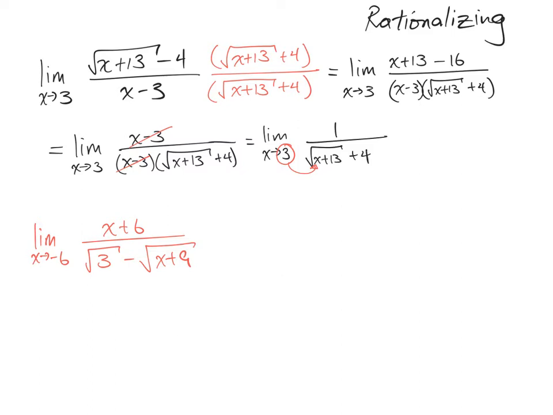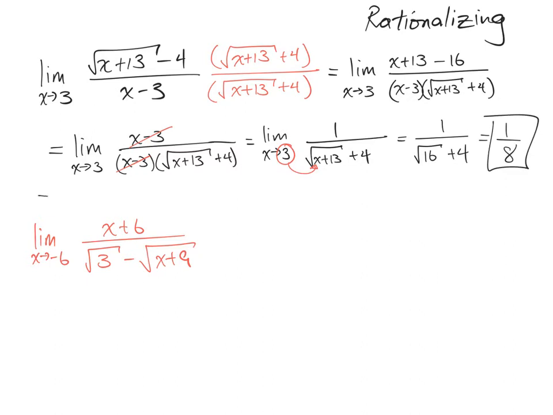So when you substitute that 3 in there, you end up with a fraction that'll look something like this. 1 over the square root of 16 plus 4. And the square root of 16 is 4. 4 plus 4 is 8. So the final answer here would be 1 over 8.